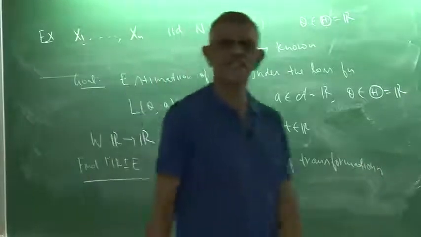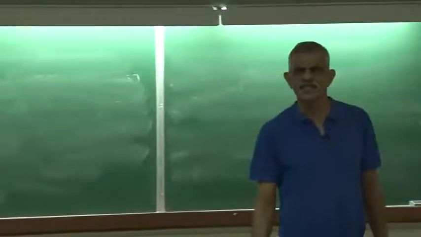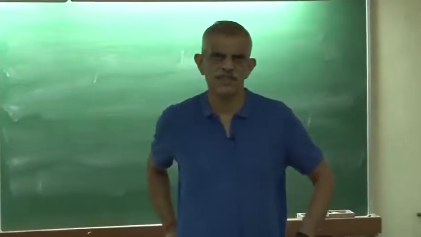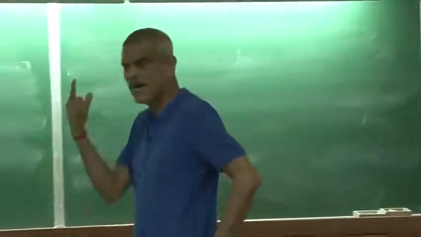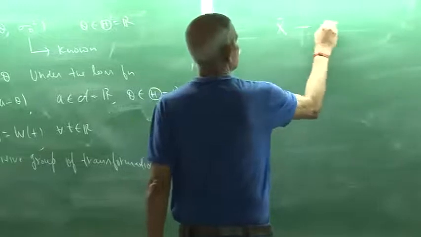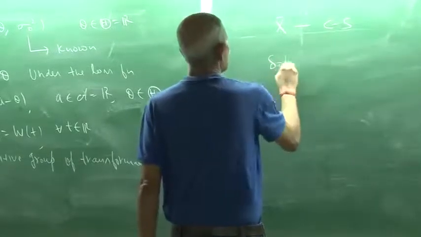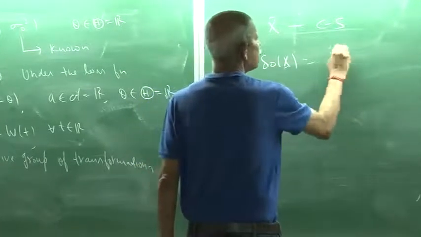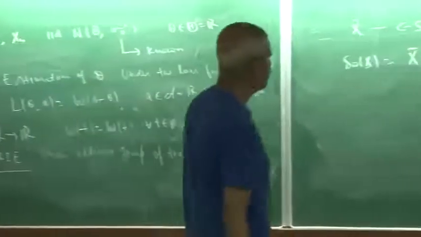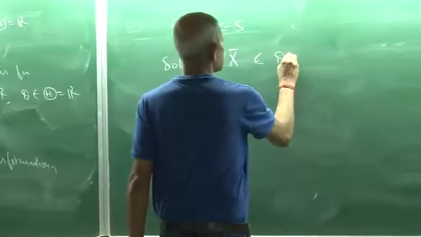So I know the idea is very simple. If a complete sufficient statistic exists, I try to find a location invariant estimator which is a function of the complete sufficient statistic. So X bar is the complete sufficient statistic. Delta naught X is X bar, which is location invariant. Why?